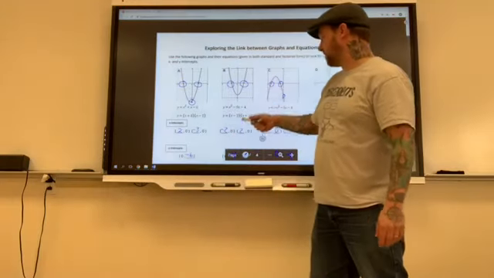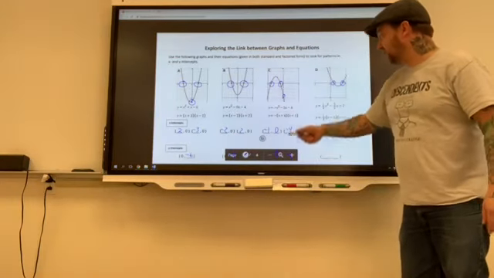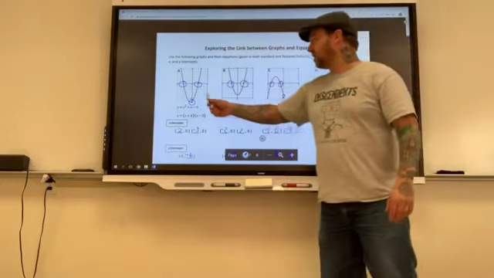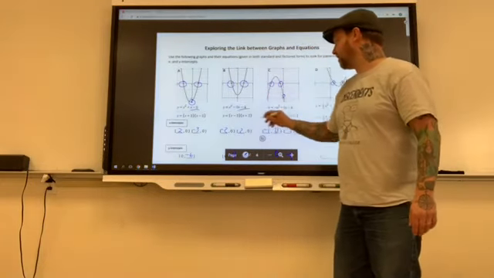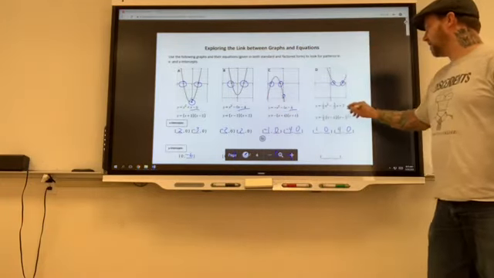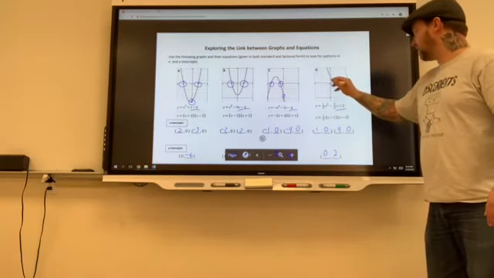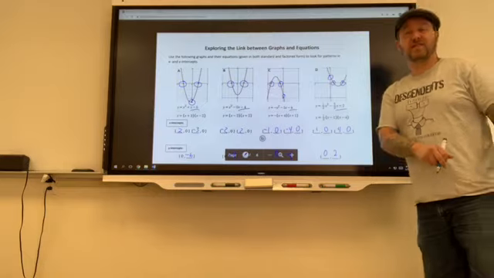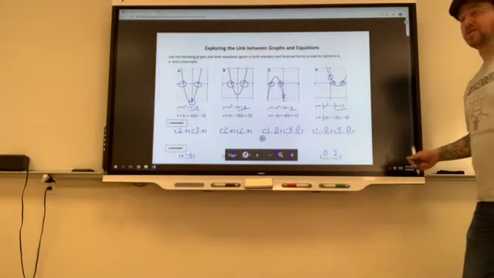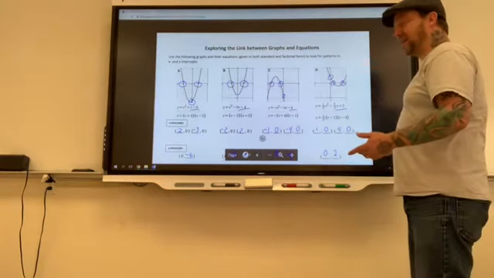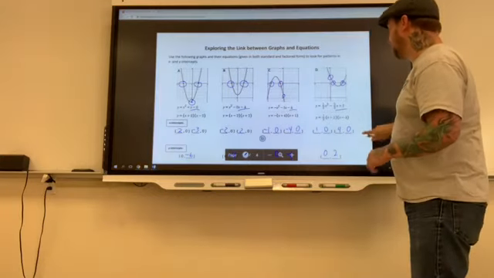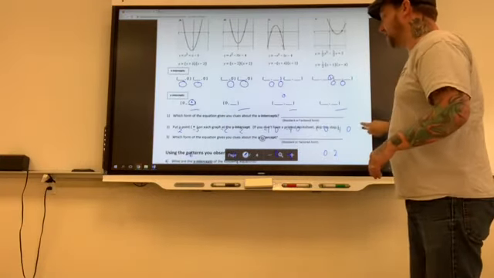Negative 6, over here it was negative 4, over here it was negative 4. I think the y-intercept's going to be 2. There it is. That's cool. I like it. All right. Nice. Okay, so let's move on.